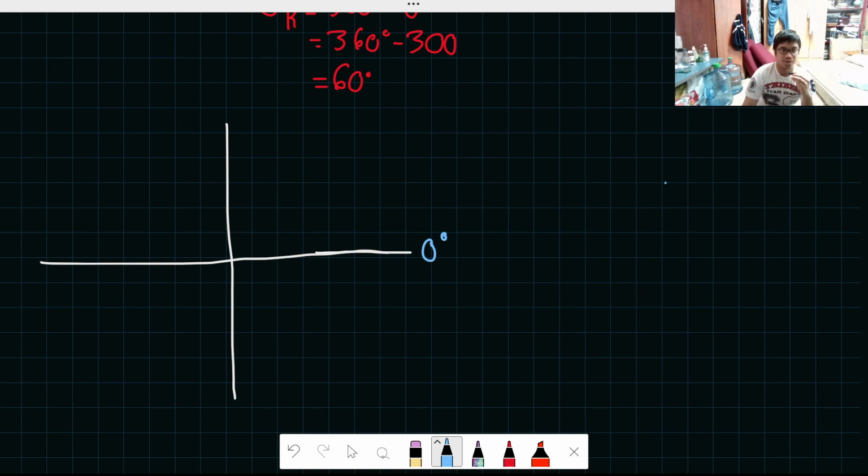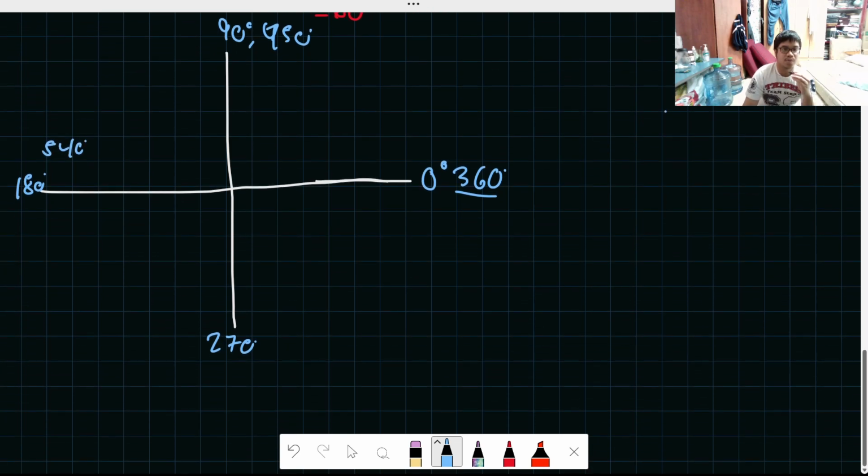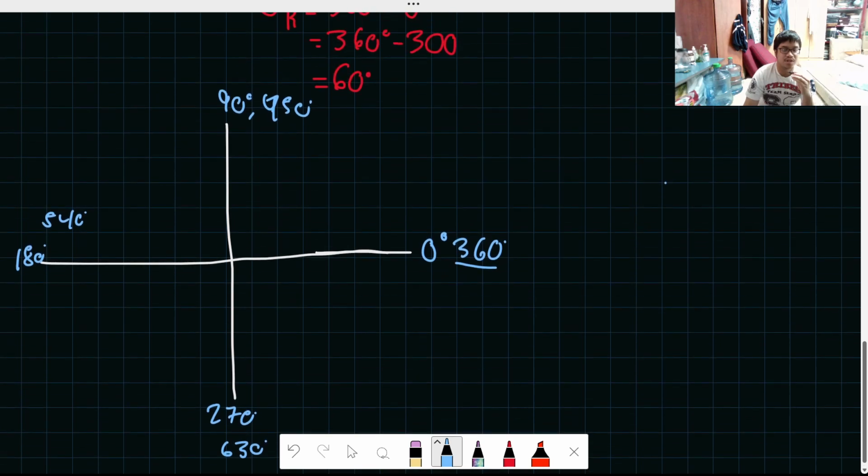On the first rotation, the quadrantal angles are 0 degrees, 90 degrees, 180 degrees, 270 degrees, then 360 degrees. That's for the first revolution. In the second revolution, starting from 360, we will have 450 degrees, then 540 degrees, 630 degrees, then 720 degrees.